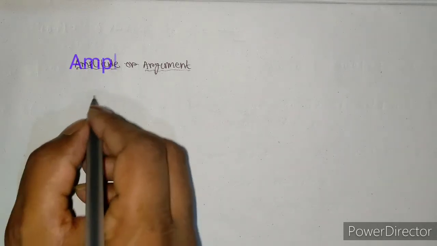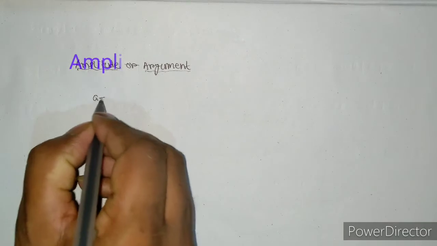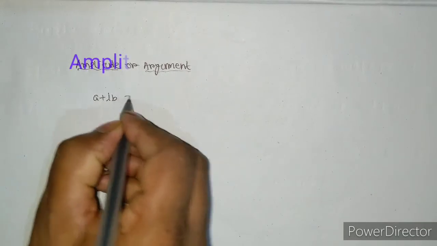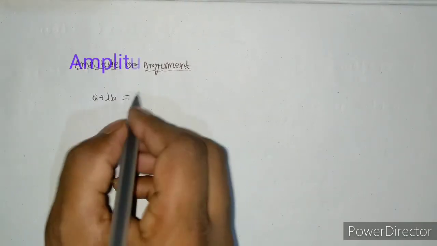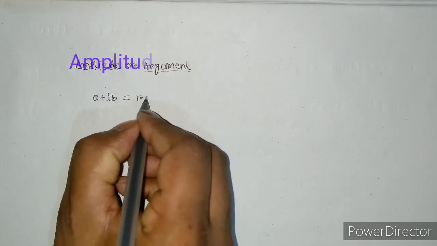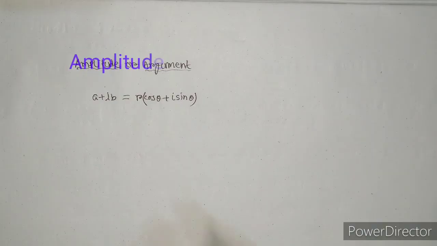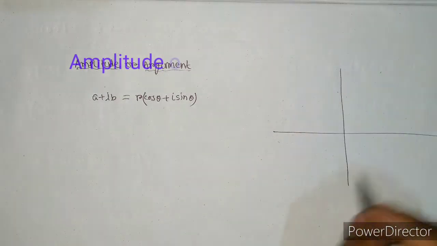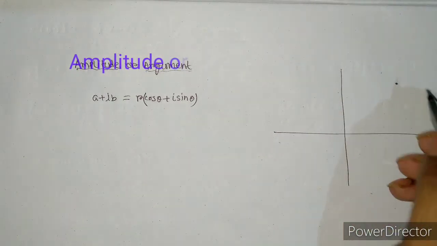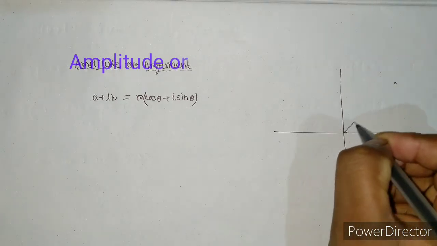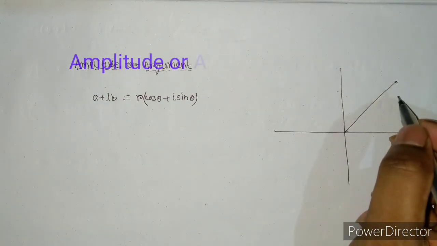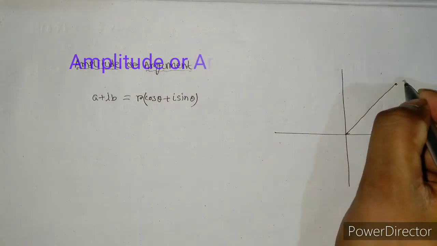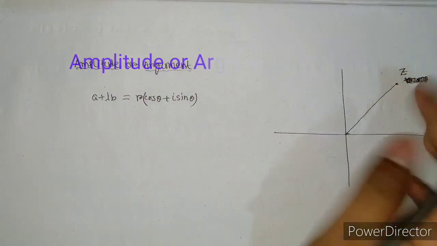What is amplitude or argument? You know that the polar form of a complex number a plus ib is r cos theta plus i sin theta, where r is the distance from the origin to the point z, a plus ib.